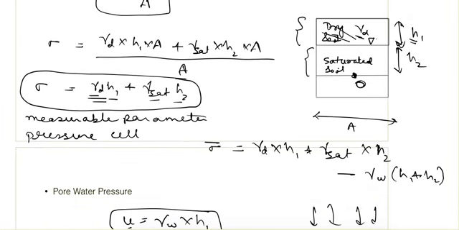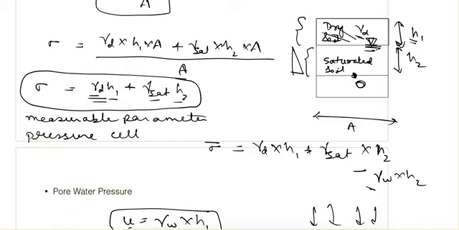Sorry, this water table is here. So the pore water pressure is gamma W into H2, because it will be calculated for this distance.